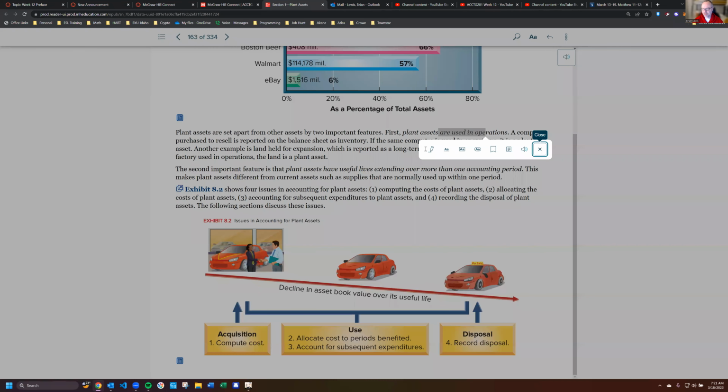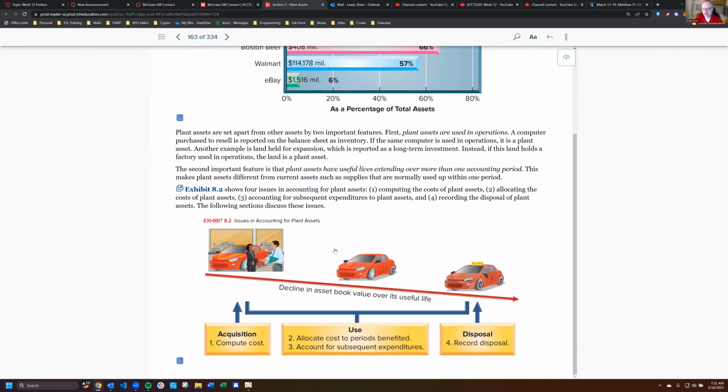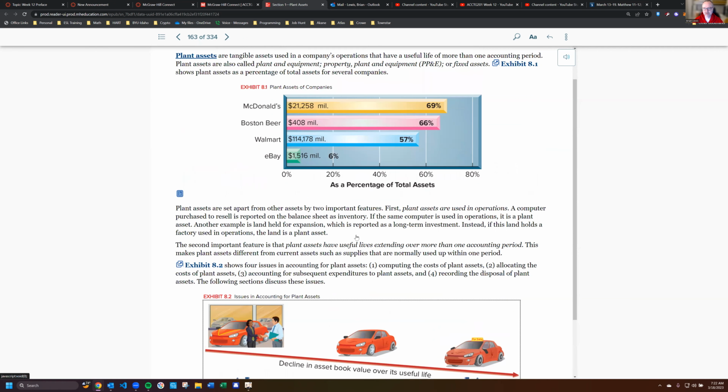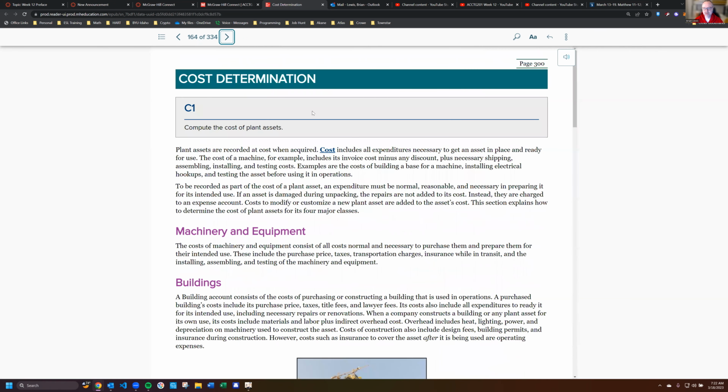A computer, piece of equipment, a car, lots of different equipment, right? So you have an acquisition cost, you use it over a period of time and then dispose of it. So it's going to walk you through how do you figure out what's the acquisition cost, how do you allocate that cost over time, and then how do you then dispose of it when you record it.